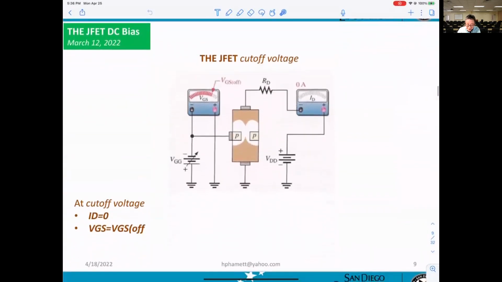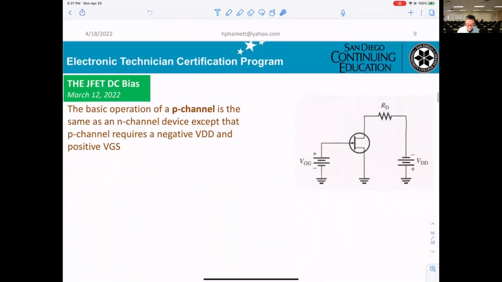At this display here, they're just telling you at cutoff ID equals 0 and VGS equals VGS off. That's only telling you that at VGS off, basically the channel is closed, no current, no electrons can flow. So that's why ID equals 0.